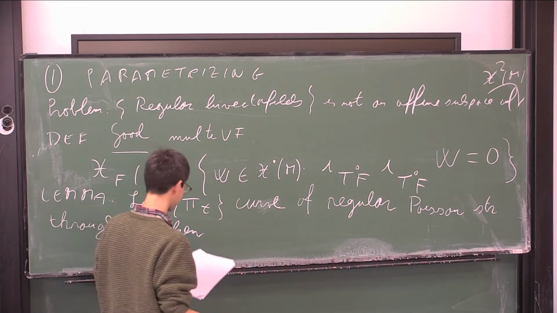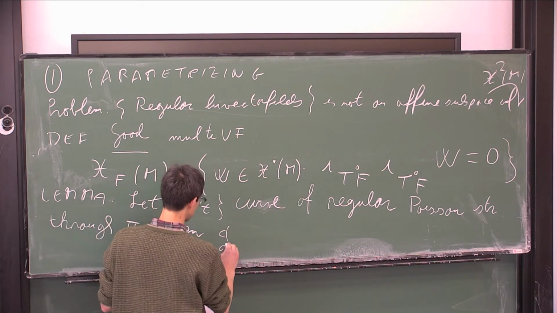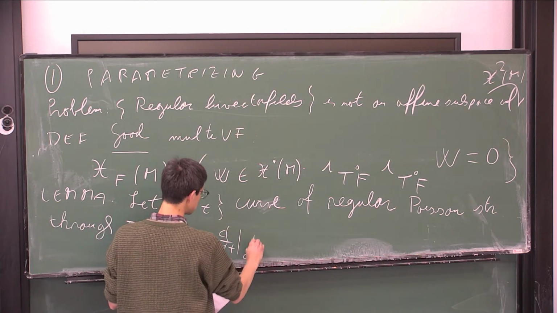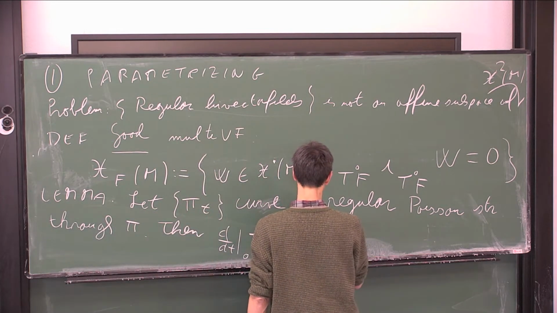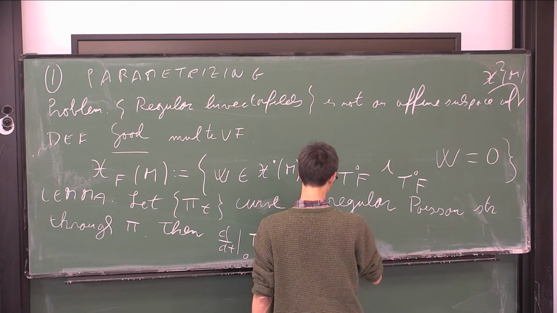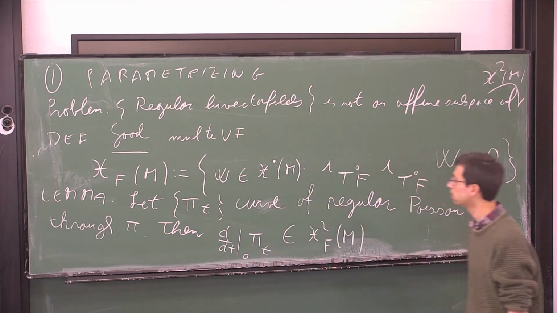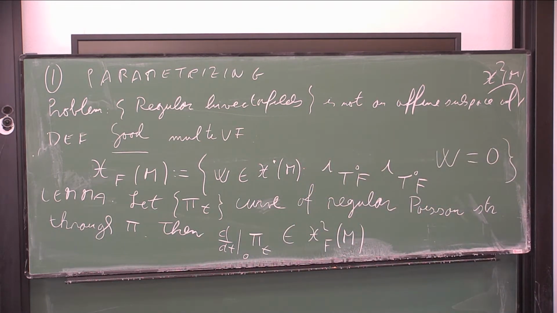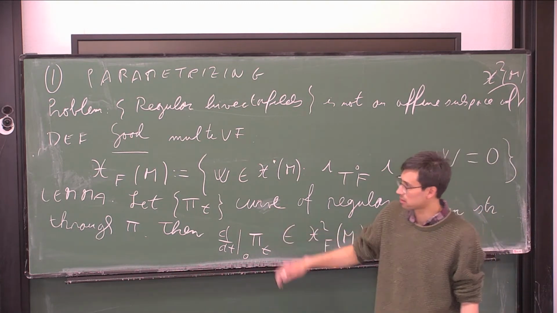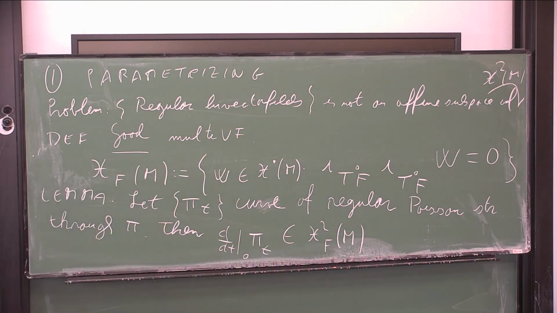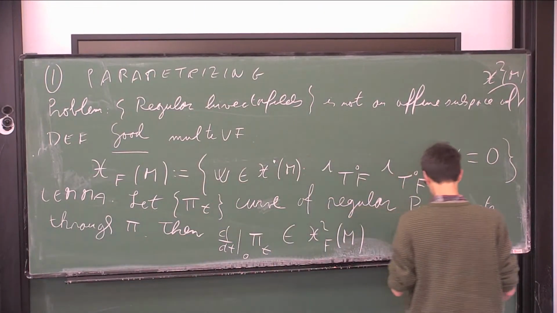And I'll try to write it here. So let's take the velocity d dt at time 0. Well, this is one of these good bivector fields. So the fact that this curve of regular Poisson structures at time 0 is my fixed regular Poisson structure pi, with symplectic foliation I called F, implies that the velocity at time 0 lies in the subspace.